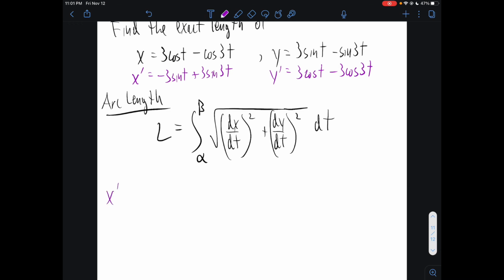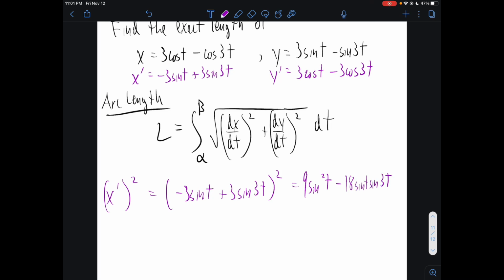So x prime squared is the quantity negative 3 sine t plus 3 sine 3t squared, which would be 9 sine squared t minus, I'm going to have 2 times 3 times 3, so 18 sine t sine 3t, and then plus 9 sine squared 3t.